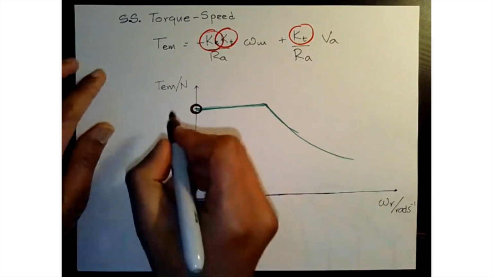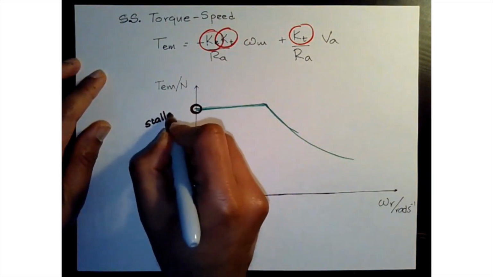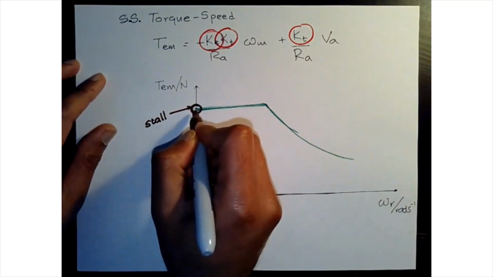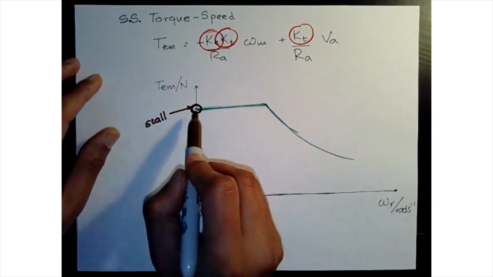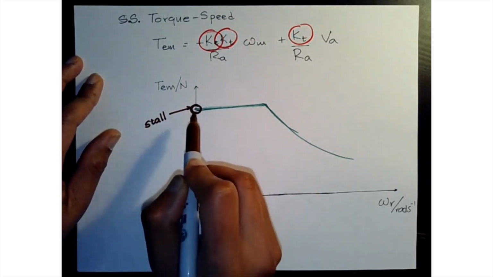That's the stall, exactly. That is the stall condition, because your motor speed is at 0 and you are at maximum nominal current, or steady state current, or the continuous current you can hold the motor at.